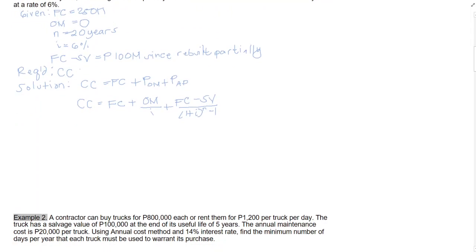Okay. So having this one, let us compute for the capitalized cost. That is for the first cost, that is 250 million, plus 0, since there is no operating and maintenance, plus your FC minus SV, which is 100 million, divided by 1 plus the interest rate, which is 0.6, raised to n, which is 20 years, that is the period, minus 1.